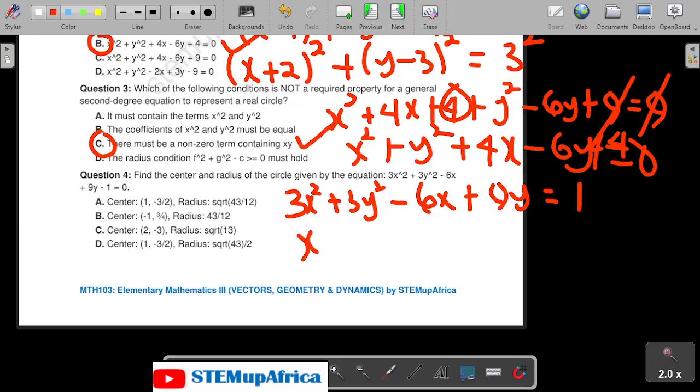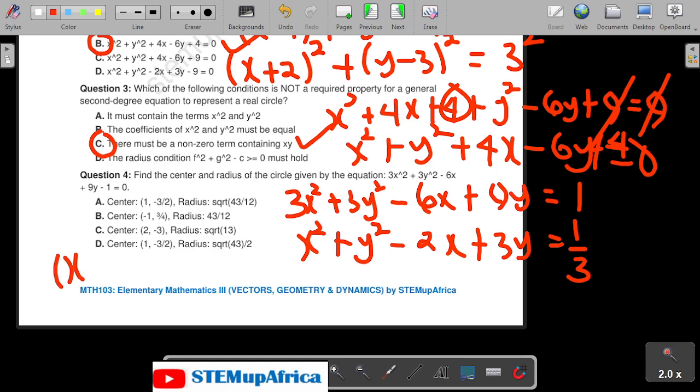I'm going to have x squared plus y squared minus 2x plus 3y equals 1 over 3. So I will arrange to complete the square: x squared minus 2x plus y squared plus 3y equals 1 over 3.